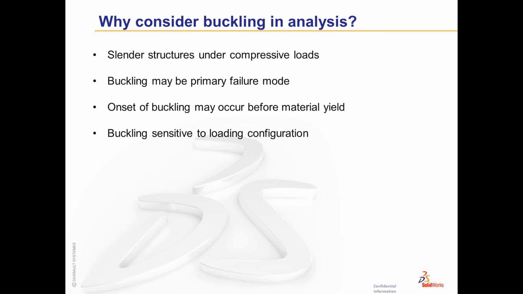Buckling may occur before material yield, so you may design a structure and do some preliminary stress calculations to determine whether you have a certain safety factor from a structural standpoint without regarding your buckling load factor or the safety factor in terms of buckling. So a structure, particularly a tall, slender structure or long, that's under compressive loading may actually fail due to buckling well before material stress reaches the yield point.